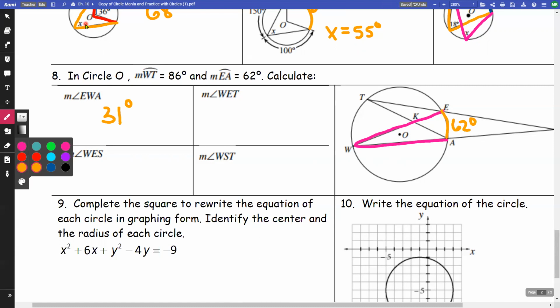We want to find WET. So WET, and we know that this arc here has a measure of 86 degrees. So WET is going to be half of that, which is going to be 43 degrees.